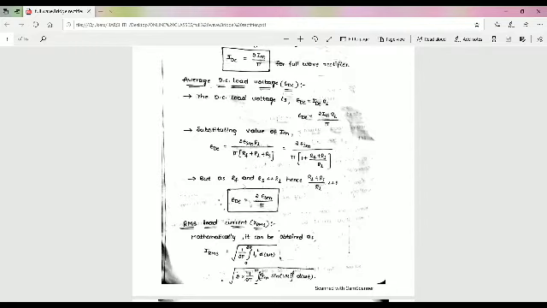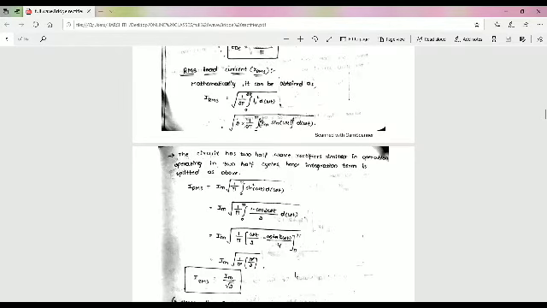Next one, RMS load current IRMS. The RMS value of the current can be obtained. RMS means root mean square. So the total limits are integration from 0 to 2 pi of I square L d omega t, where IL equal to Im sin omega t, substituting.